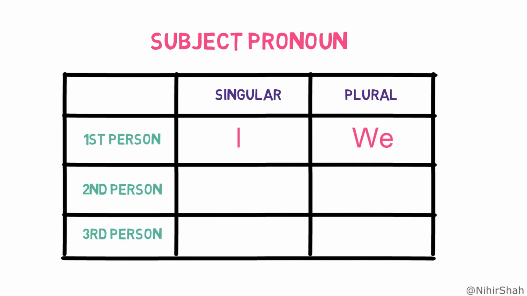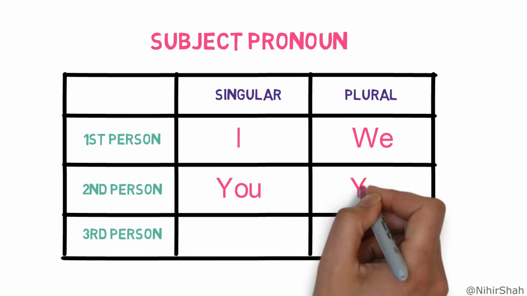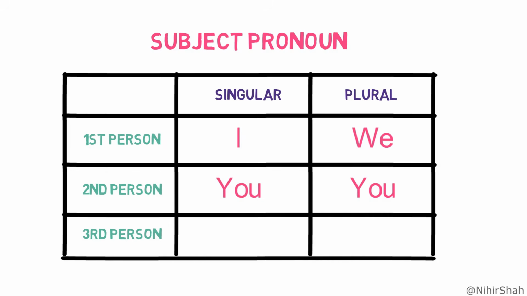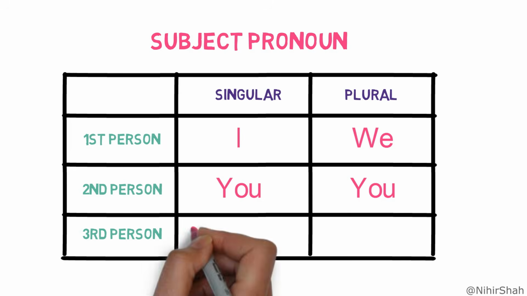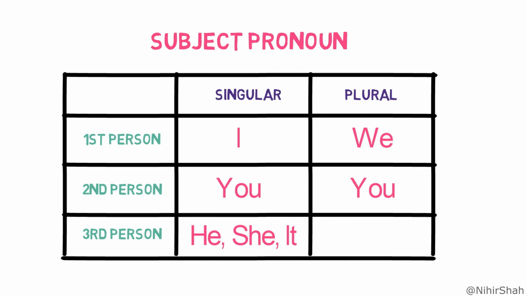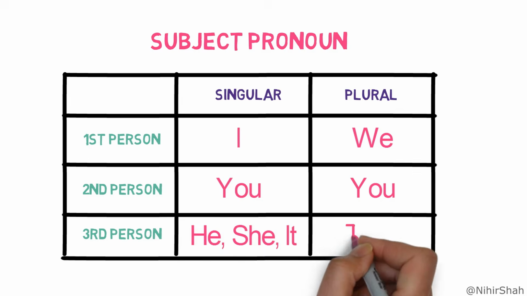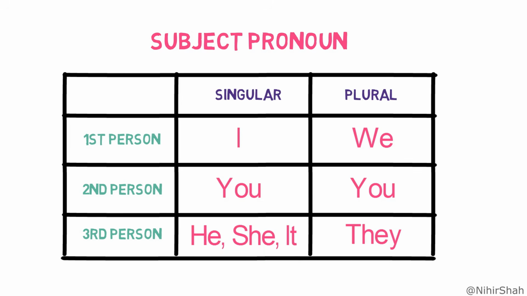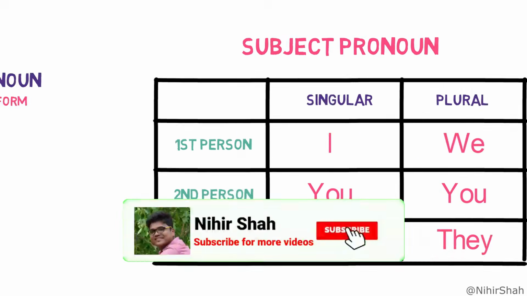If the subject is in second person, then the pronoun is you, irrespective of it being a singular or plural. And if the subject is in third person singular form, then the pronoun will be either he, she, or it. And if it is in plural form, then it will be they. After finalizing the pronoun, it's time to focus on getting the auxiliary verb. So let's move to step 3.